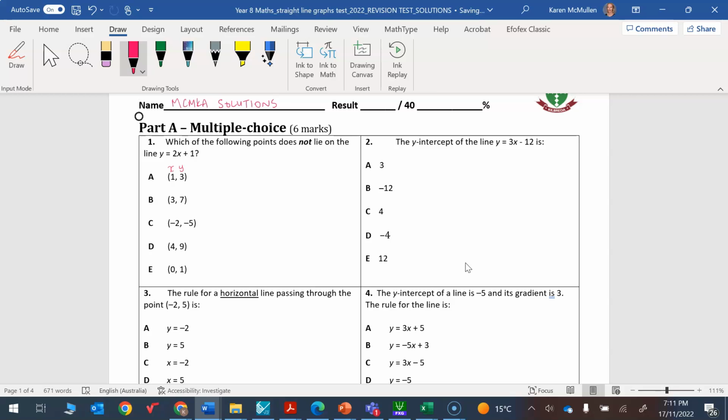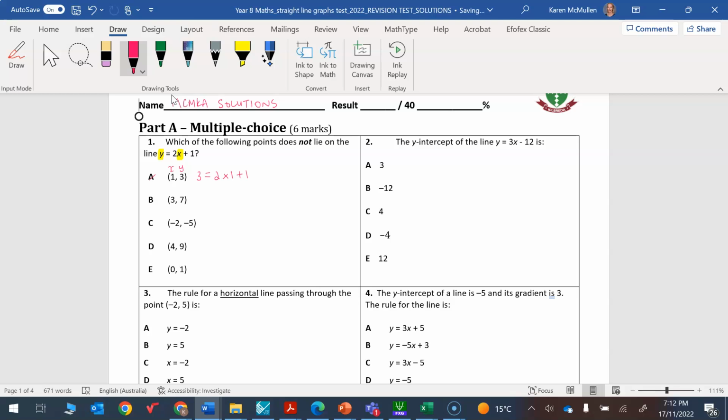For the first one, we have 3 for y and 1 for x: 3 equals 2 times 1 plus 1. So 2 times 1 is 2, plus 1 is 3.